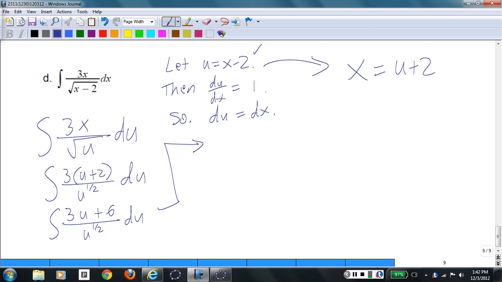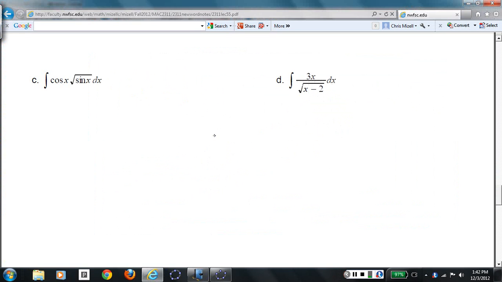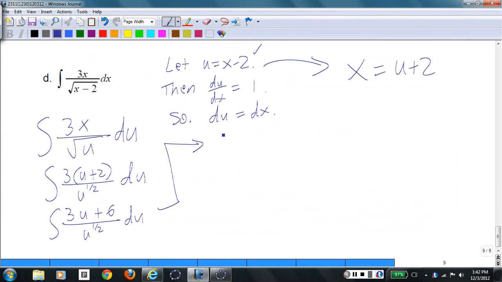We just have a monomial in the denominator, and so I think this is workable if we write this as two separate fractions: the integral of 3u over u to the 1/2 plus 6 over u to the 1/2. Because if we can do that, then we can use the power rule for integration, for finding an antiderivative for each one of these terms.